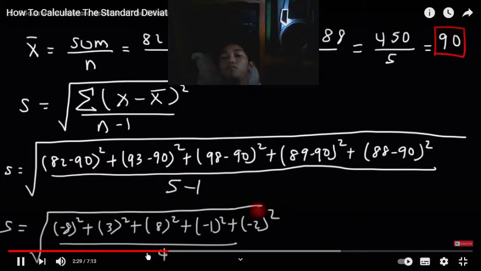So plus 3 squared, plus 8 squared, plus 1 squared, plus 2 squared. So that adds up to 142. Divide that by 4, and then take the square root of that result.